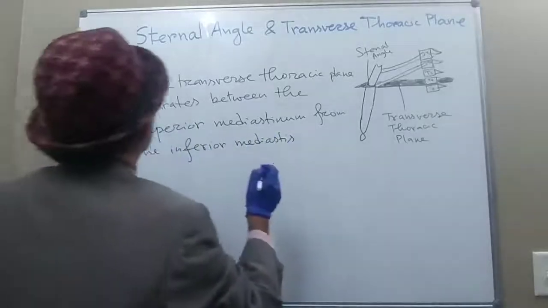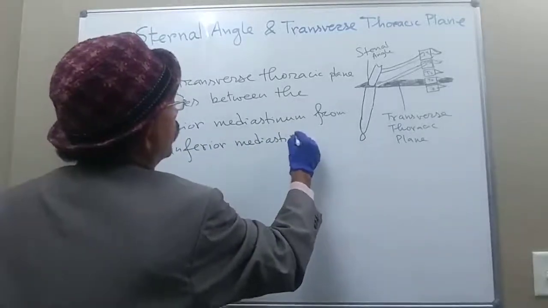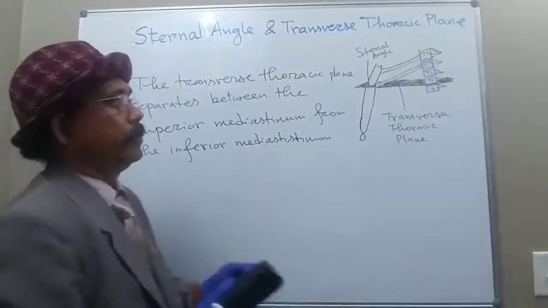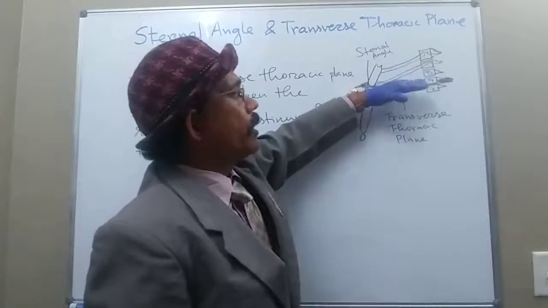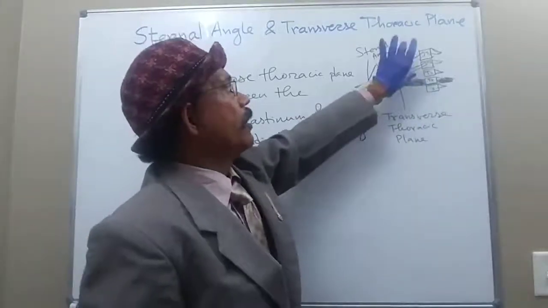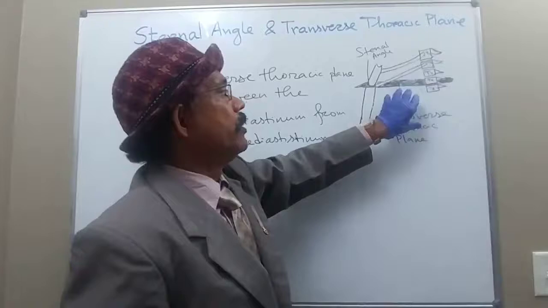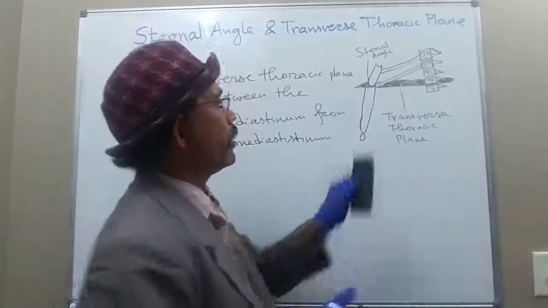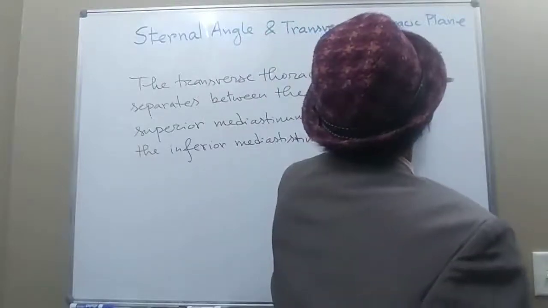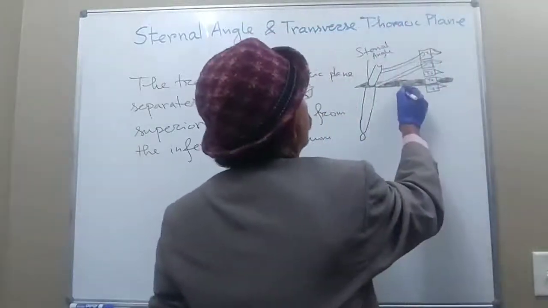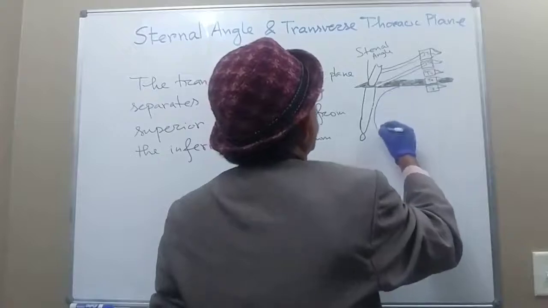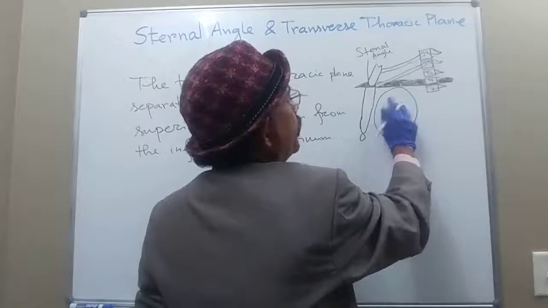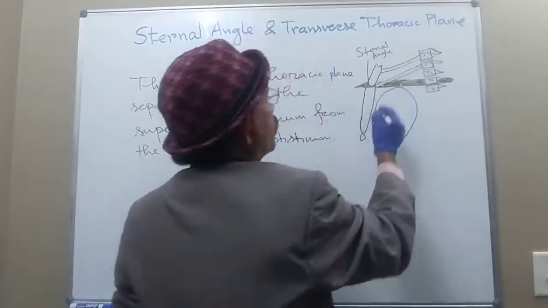The structures above the transverse thoracic plane are the structures of the superior mediastinum. Structures below the transverse thoracic plane are the structures of the inferior mediastinum. The inferior mediastinum is again divided into three parts. We have the heart and pericardium here; in front of it is the anterior mediastinum.